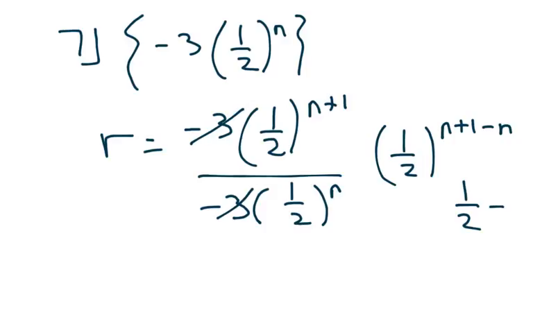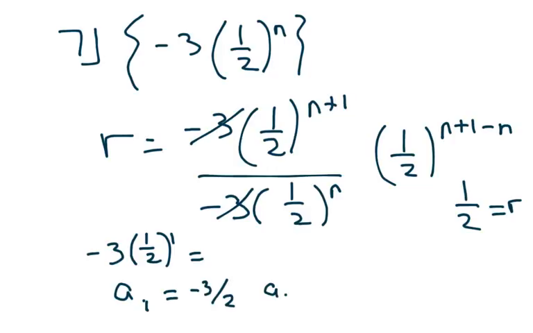All right, so my common ratio is r, and now all I have to do is write out the first few terms. So I'm going to let r be 1/2, and if I let r be 1/2, I'm going to get negative 3 for my first term. I'm going to get negative 3 times 1/2 to the first power, which is negative 3/2, and a sub 2, which would be negative 3 over 4, because you're just going to square.